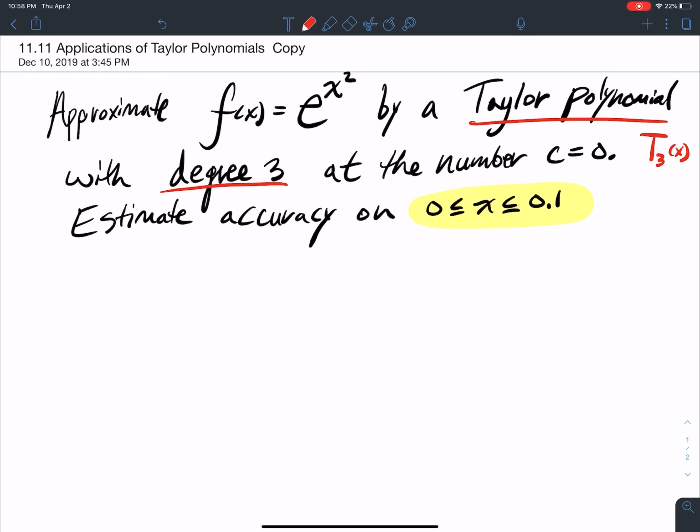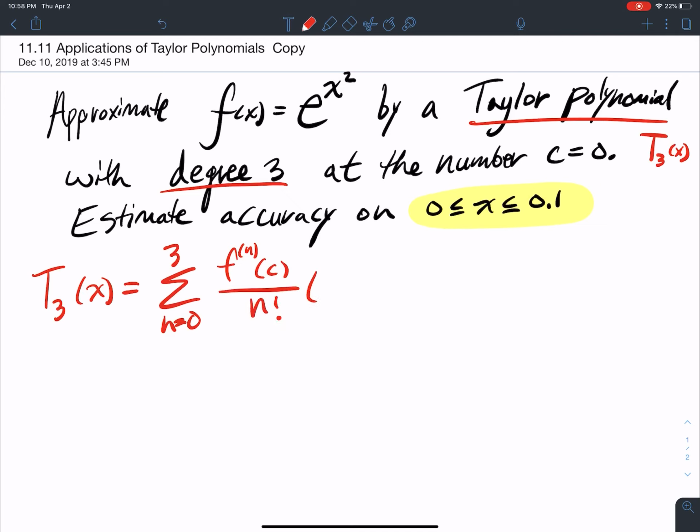So what do I need to do? Well, I need to calculate T3 of x. T3 of x is the sum from n equals 0 to 3, we go out to 3, right? So f^(n)(c) over n factorial times (x minus c) to the n, right?